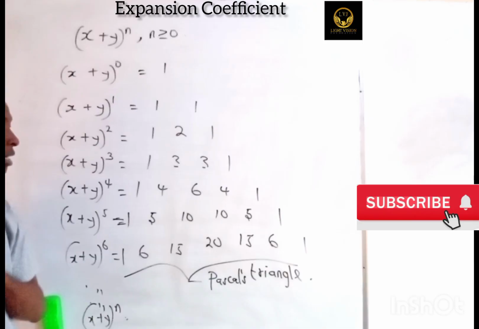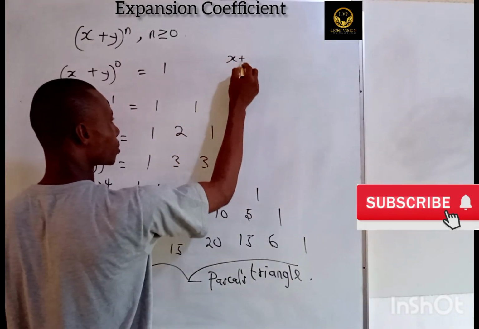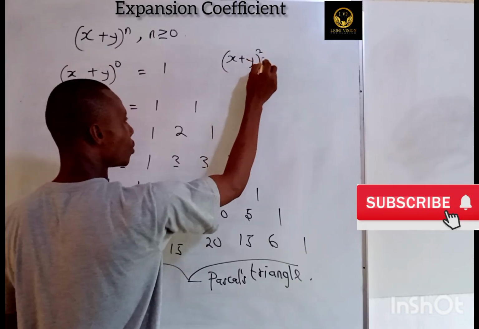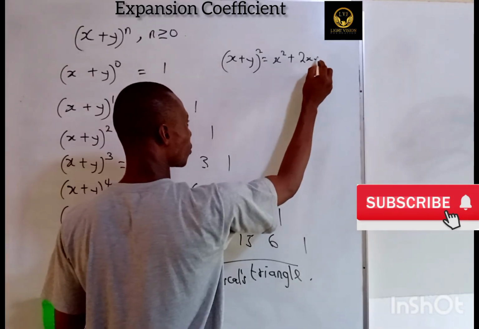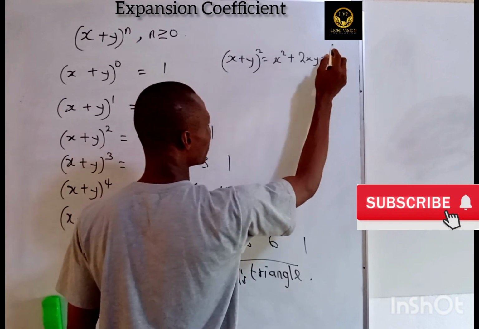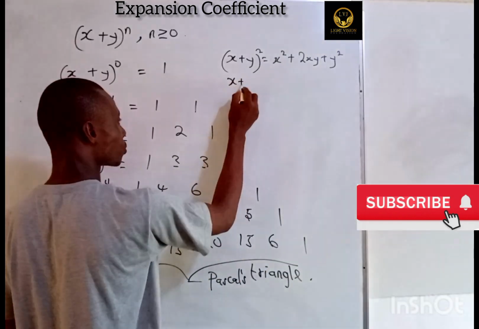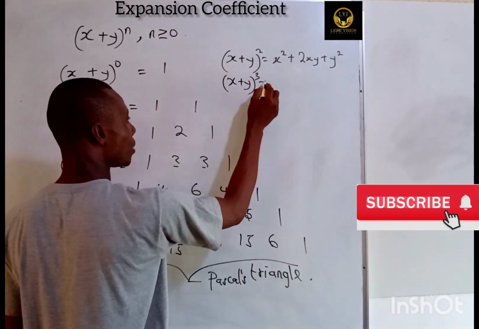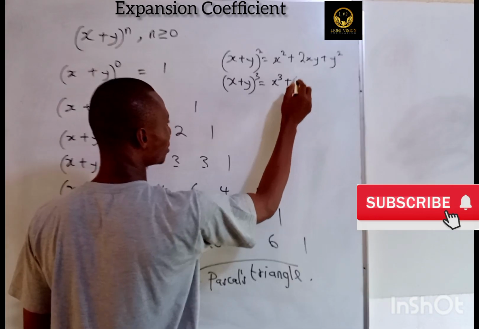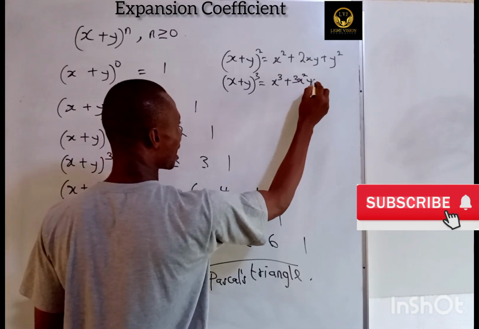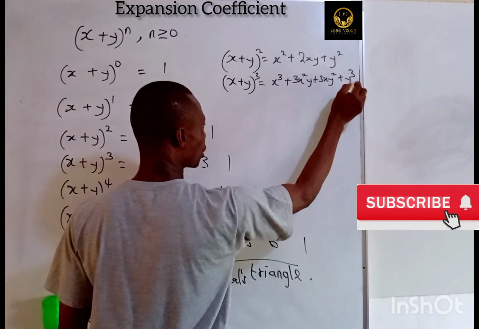But there is a trick. Notice that when we expanded x plus y all squared, we got x squared plus 2xy plus y squared. Then x plus y all cubed gives x cubed plus 3x squared y plus 3xy squared plus y cubed.